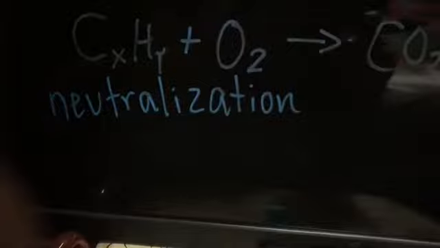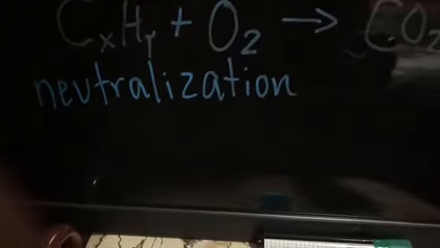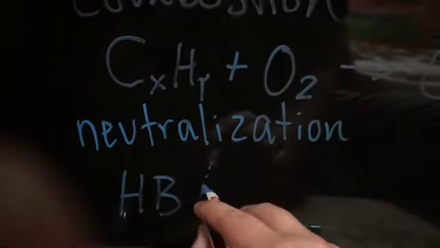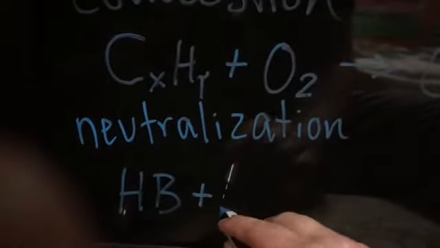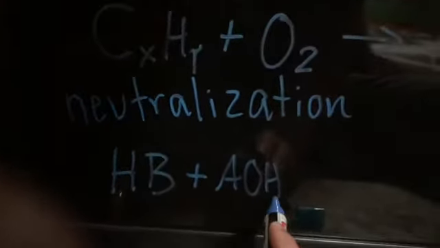And then I wrote a sixth type of reaction called a neutralization reaction. I didn't talk about it in the video at all, but this reaction involves acids and bases. So we're going to have something that looks like this. H with an element B is an acid plus OH. So this is oxygen and this is hydrogen.